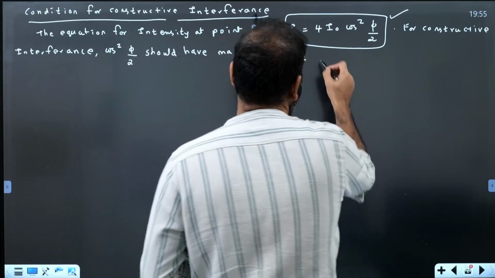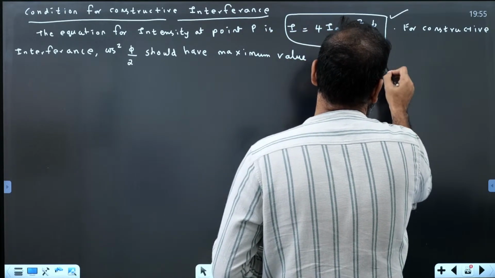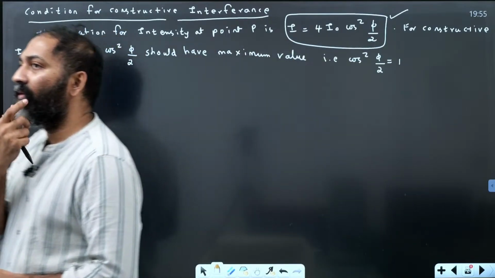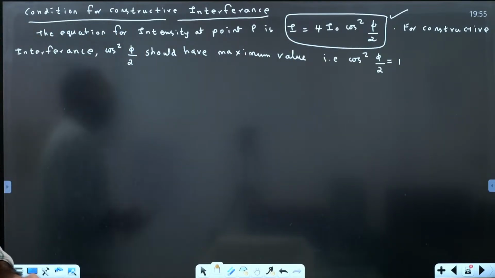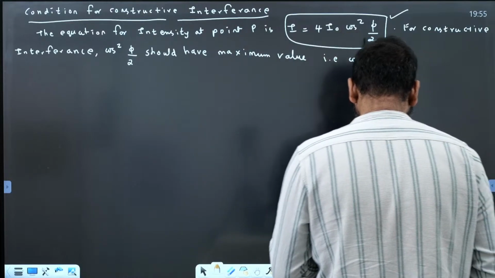What does maximum value mean? That is, cos square phi by 2 should be equal to 1. Why so? Because the maximum value for cos is 1.